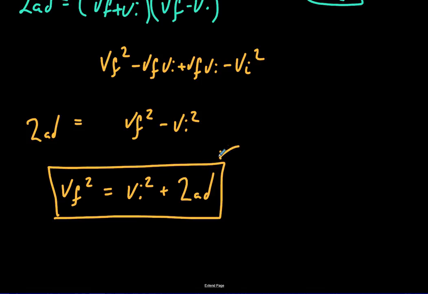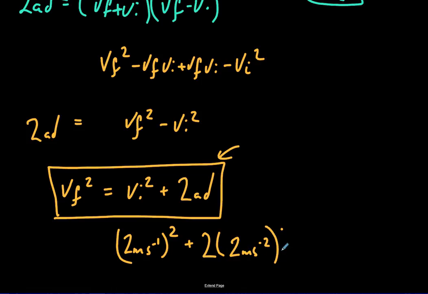So to solve a problem like we showed you right there, we said that the car was initially at 2 meters per second. So 2 meters per second, we squared that, plus 2 times its acceleration, which was 2 meters per second squared, and it covered 30 meters while it was doing that.